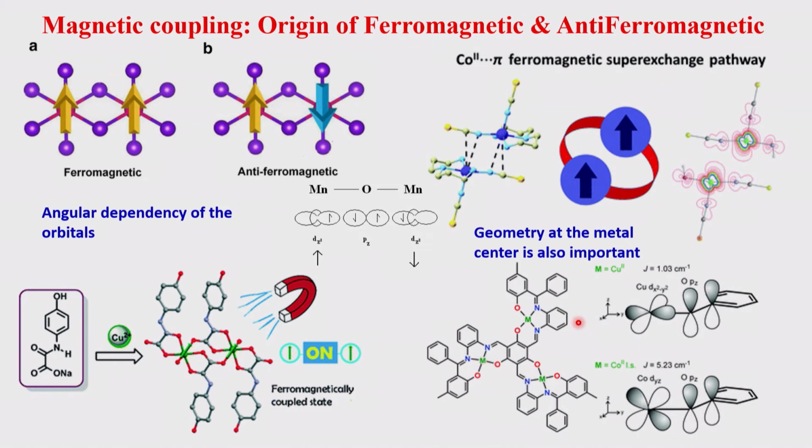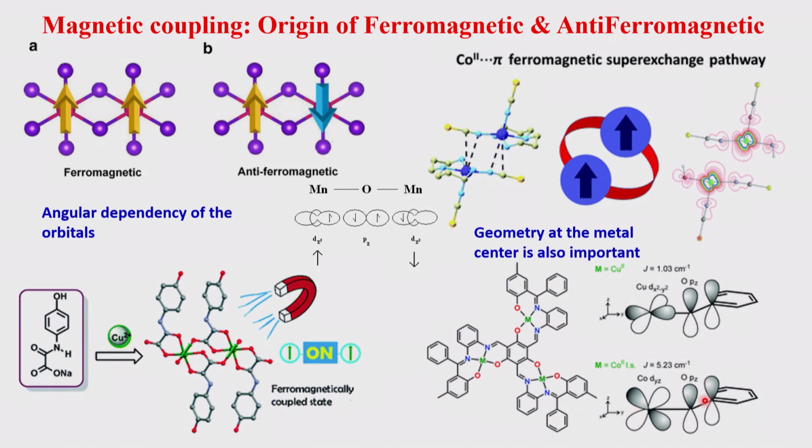Because of that, the orbital overlap will change. In the case of copper, J, the coupling, is very small, almost antiferromagnetic, but not 100%. And J is a bit greater here. Here this orbital is little away from that. So this makes the difference.